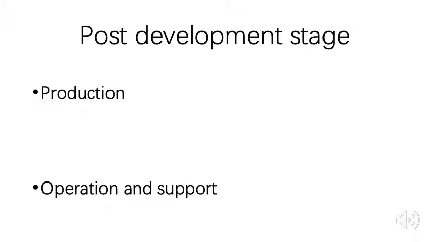Even though this stage proceeds after the success of the system, it also needs support from the whole system. At the same time, this stage shows the relationship between advances in technology and the system upgrade. Production and operating support are the two components.